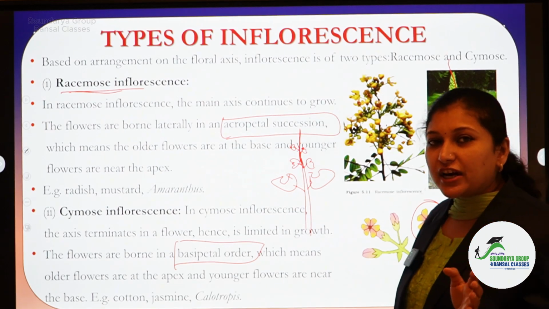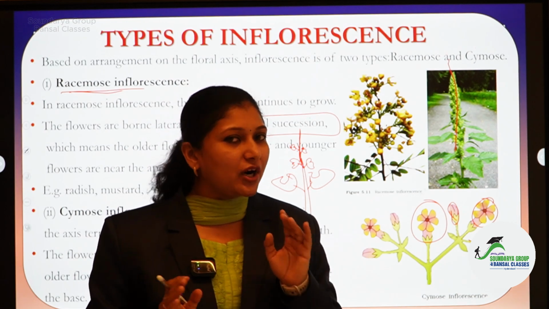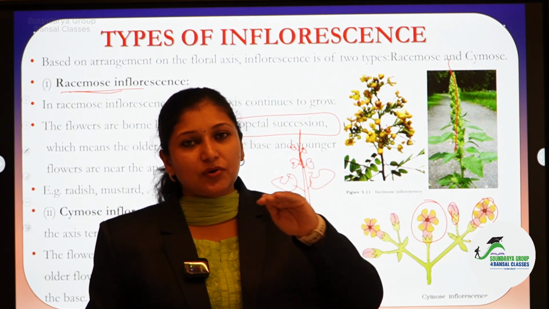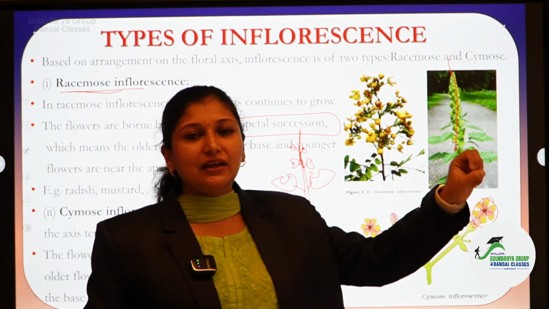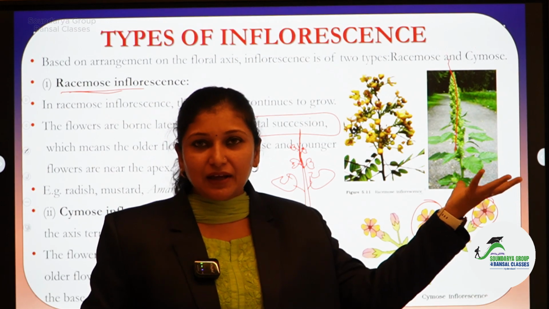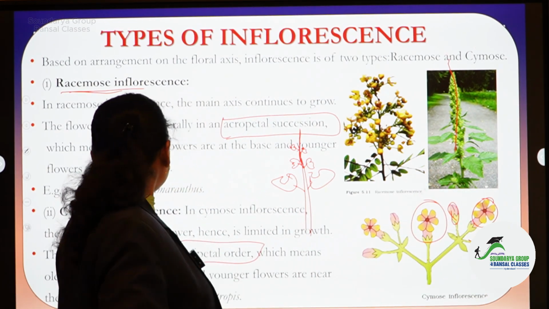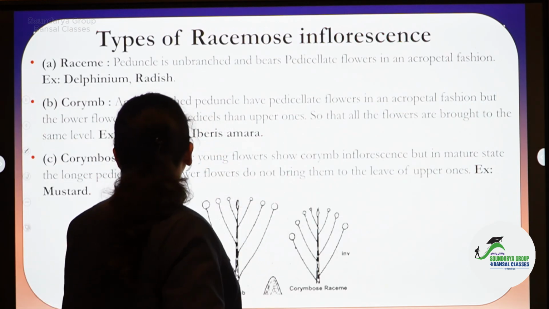So there is no free tip which is continuously growing. The tip is not growing here. The plant's growth has ceased here. So the plant can be only this much height, where you have a flower at the tip and at the base new young flowers will be born. This type of inflorescence is known as cymose inflorescence.